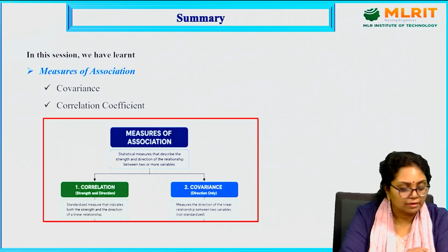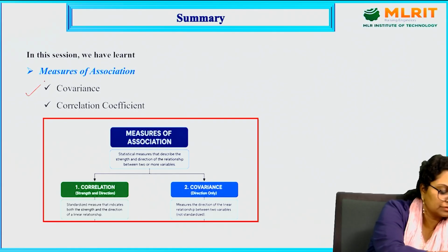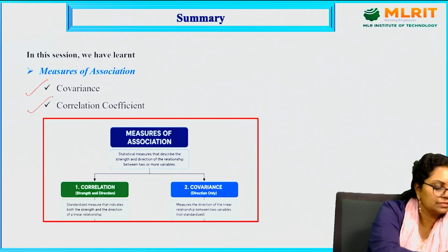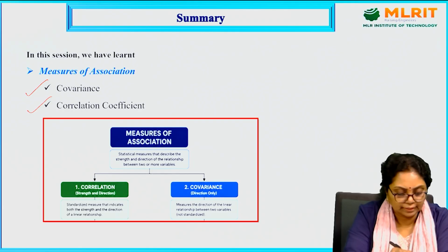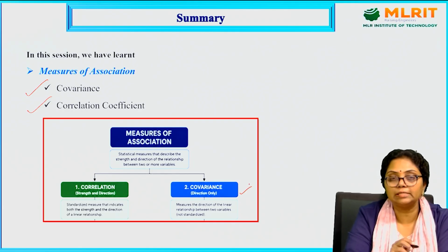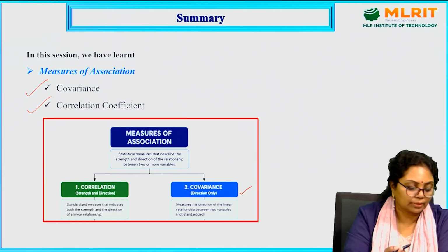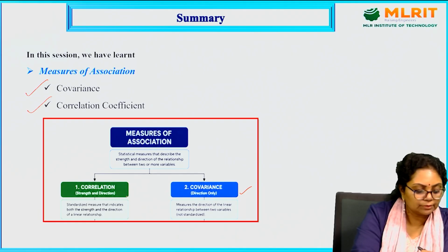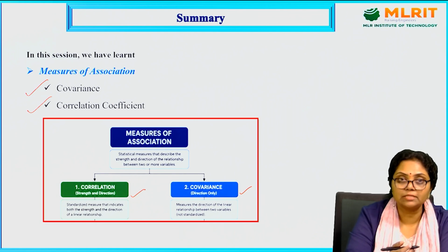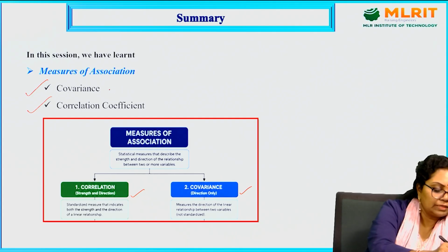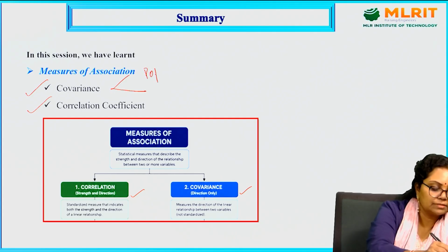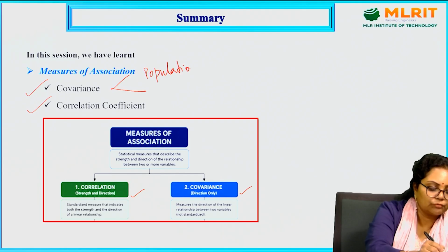Now, in this session, we have gone through the measures of association. One is covariance and the second one is the correlation quotient. We have also seen that covariance signifies only the direction, that is, it measures the direction of the linear relationship between the two variables. But in the correlation quotient we look at both the strength as well as the direction with respect to the two variables. Moreover, in covariance we have population covariance and also sample covariance.